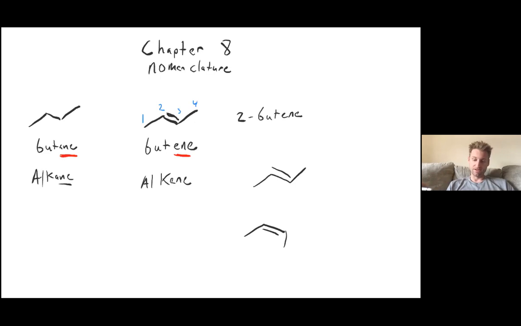So cis and trans really only apply to when you only have two substituents. If you have more than that, for instance, this here, now we have to start using E and Z nomenclature. So let's talk about what E and Z are.